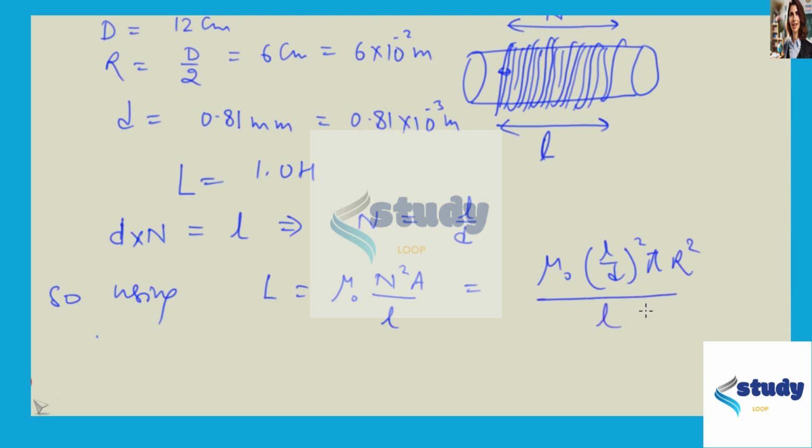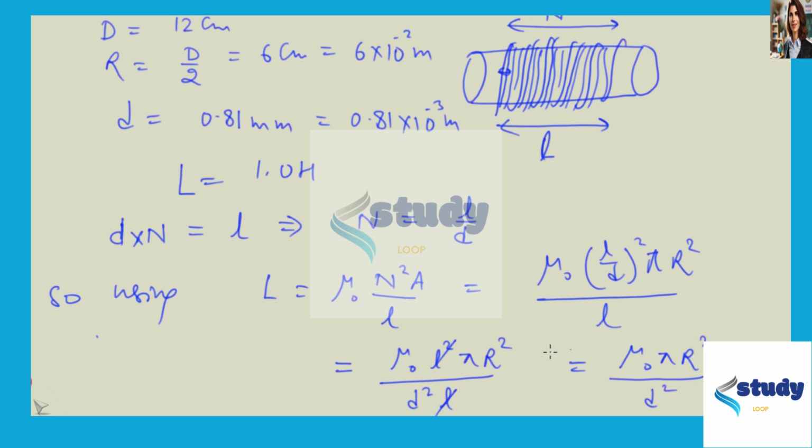So finally, this expression will be mu naught into l square pi R square divided by d square into l. If we cancel this l, it will become mu naught into pi R square divided by d square.